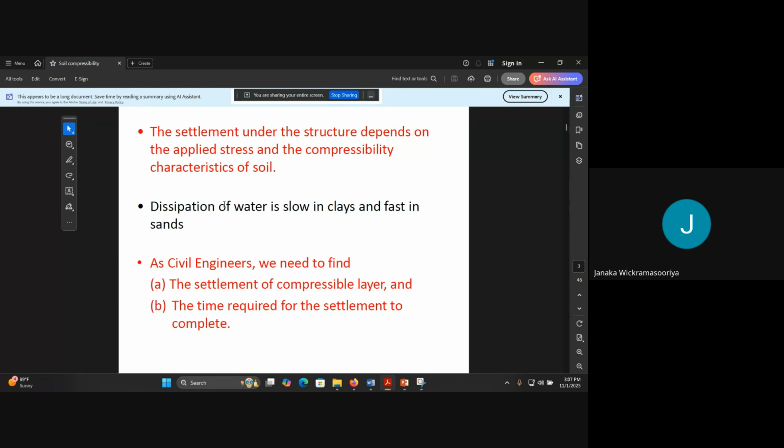And dissipation of water is slow in clay and fast in sands. Therefore, the settlement will be slow in clays. Therefore, in clays, the settlement will take a longer time, and the settlements in sands will take a smaller time.